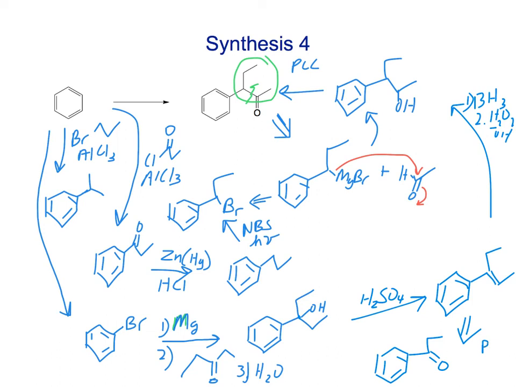Remember that has phosphorus and these three phenyl groups, and we want to add 2 carbons. So we're going to be adding both of these carbons right here. And so our ylide would look like this with a double bond and another methyl group there.